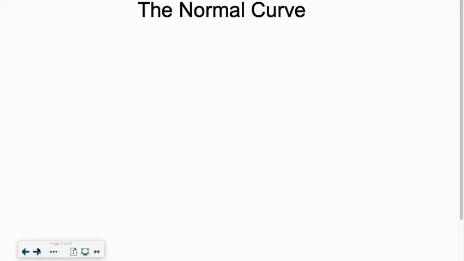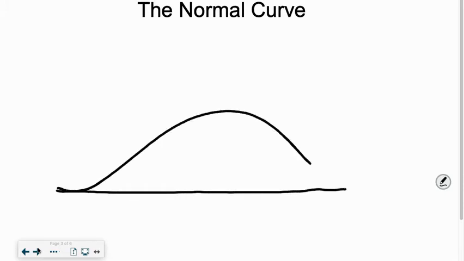The normal curve is a symmetric curve that looks something like that. Obviously, my drawing isn't quite perfect, but hopefully you get the idea. So the normal curve is perfectly symmetric. The mean is right in the center. Your book uses mu as the mean.